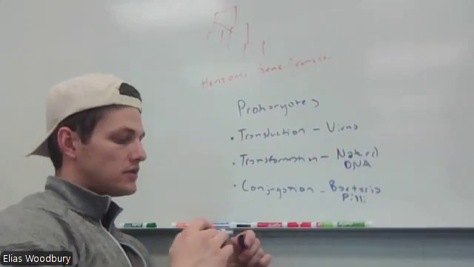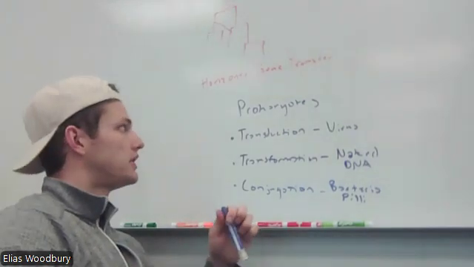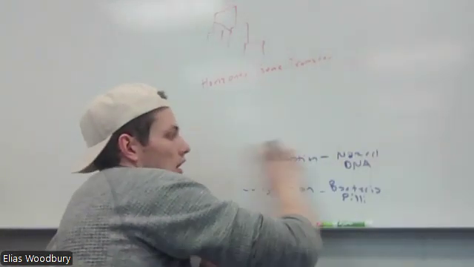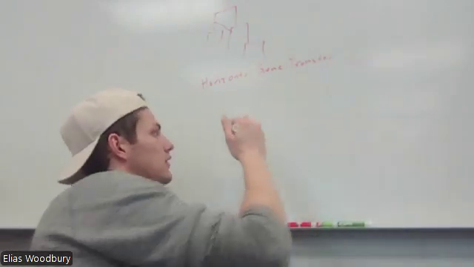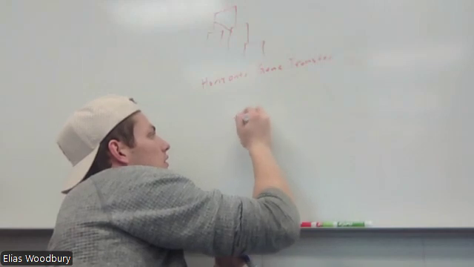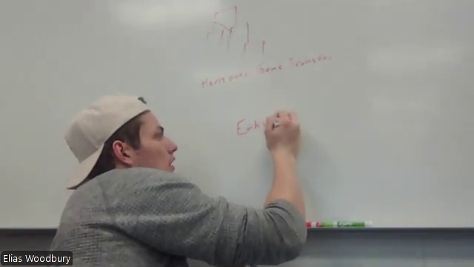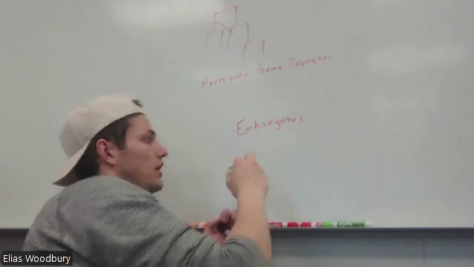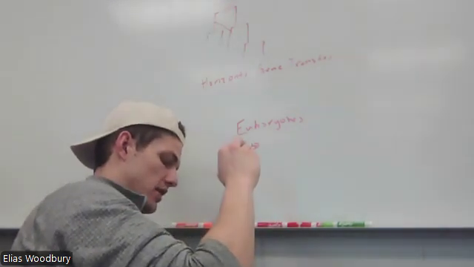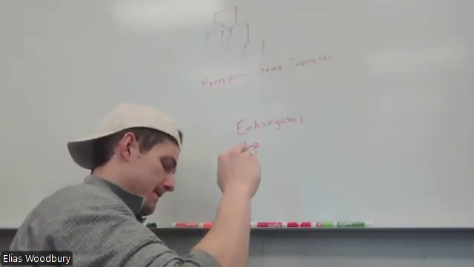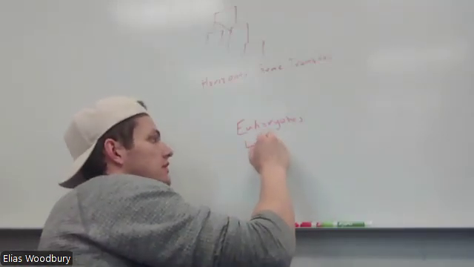Now, with eukaryotes, we'll briefly mention this. With eukaryotes, we have something called jumping genes, otherwise known as transposons.